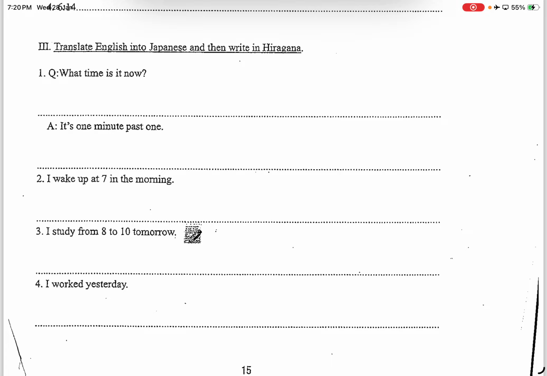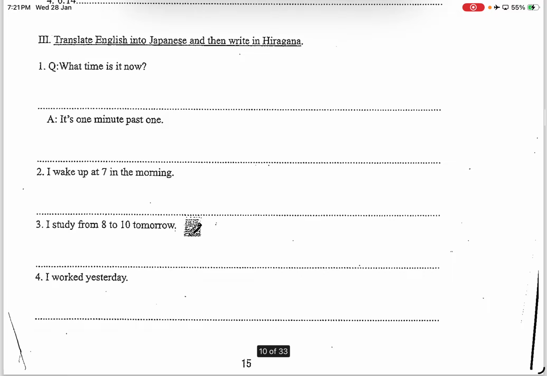That's correct. But this is the English way to say it. In Japanese we don't really say 1 minute past 1, like 1時1分過ぎ. It's very weird. You just say 1時1分. Why do you need to add 過ぎ at the back? In Japanese it's not very natural.